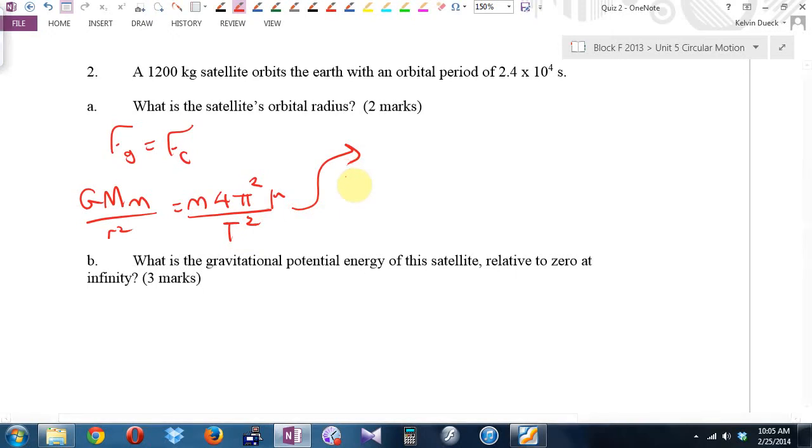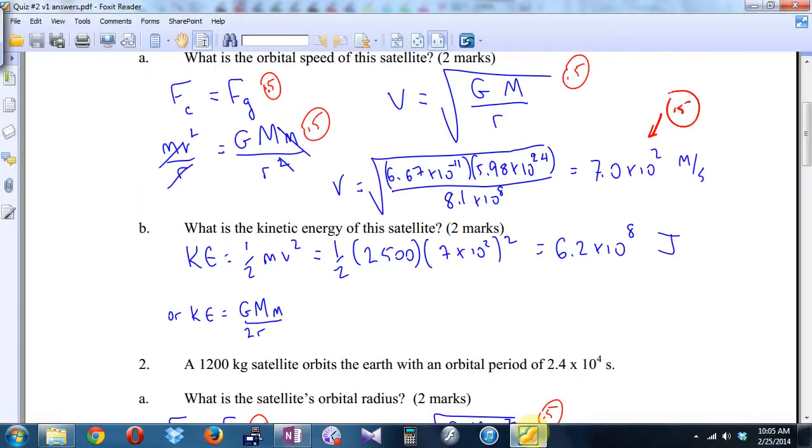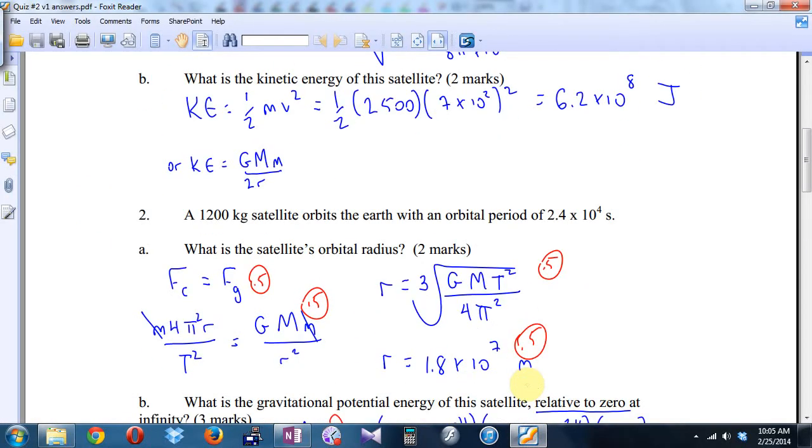So to get r by itself, I get r cubed equals big G, big M, T squared divided by 4 pi squared, the mass cancels. Then I can get rid of the cubed by cube rooting. When you do that, you'll get 1.8 times 10 to the 7th meters.